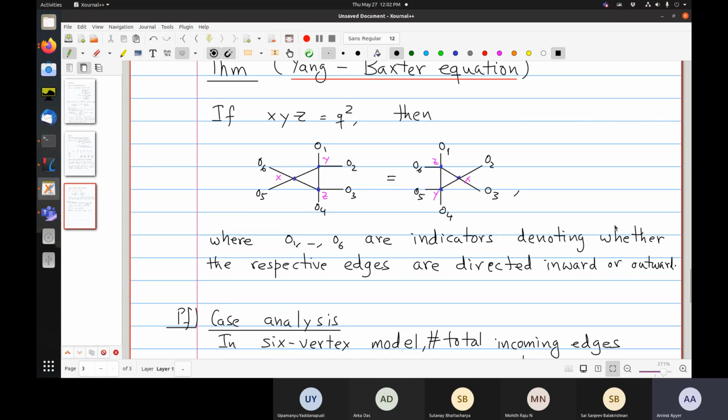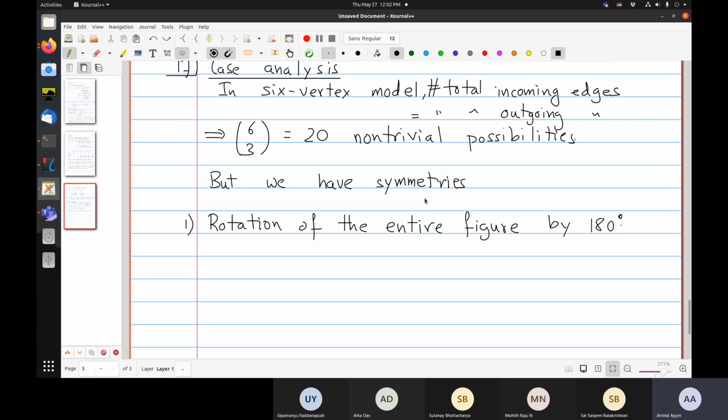So if you look carefully, if I rotate this whole thing by 180 degrees, the right hand side will become the left hand side and vice versa. Each vertex will rotate by 180 degrees, and we know the vertex weights are symmetric.